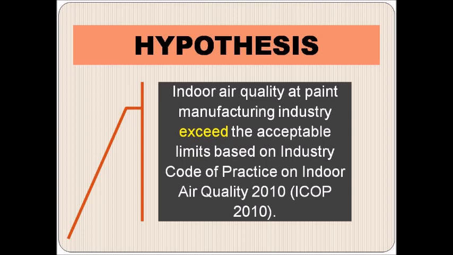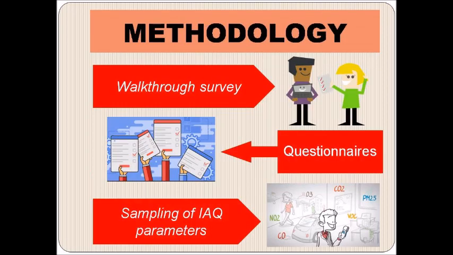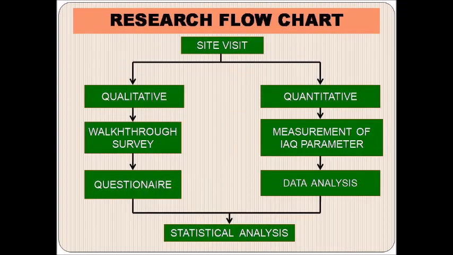Next, methodology. It involves three methods: walk-through survey, questionnaire, and sampling of indoor air quality parameters. Research flowchart. First, site visit. In this, sampling involves qualitative and quantitative methods. Qualitative is the walk-through survey and questionnaire, while the quantitative method is measurement of indoor air quality parameters, data analysis, and lastly, we will conduct statistical analysis.